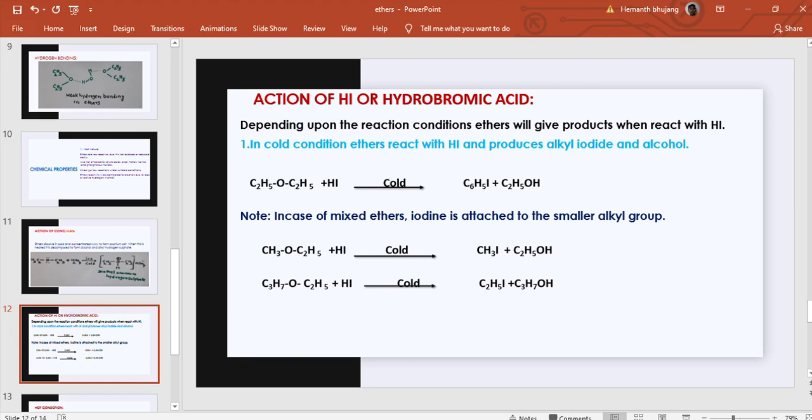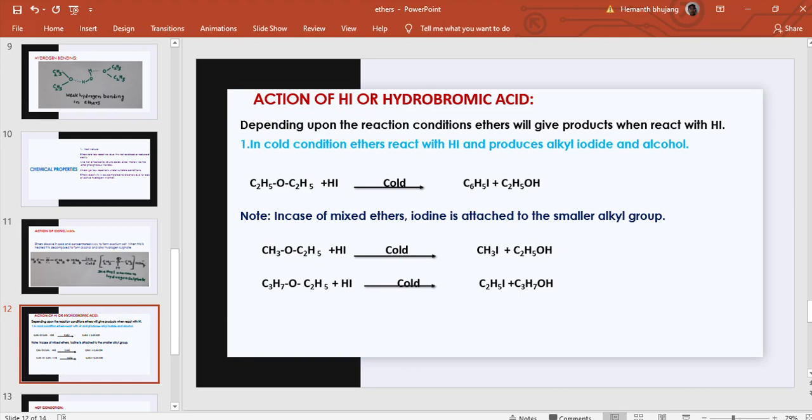Look at this example: C2H5OC2H5, diethyl ether, reacting with HI under cold condition. Whenever we say cold condition, remember we get alkyl halide and alcohol.